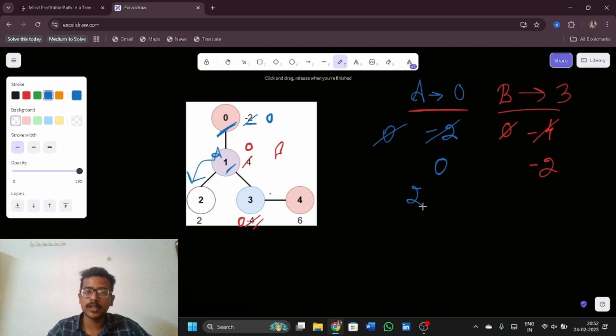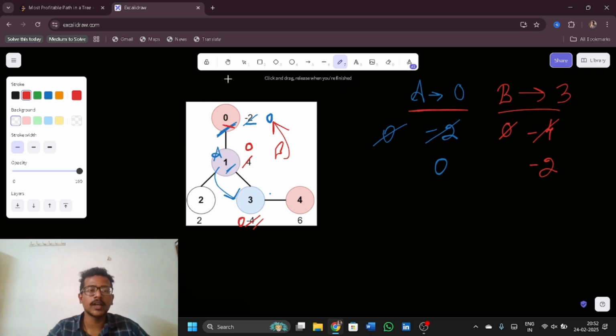Now, imagine he didn't go to node 2 but went to node 3. Now, as I said, simultaneously Bob will also move. Now, Alice is at node 3, Bob is at node 0. Bob will stop moving further, but Alice have to move.